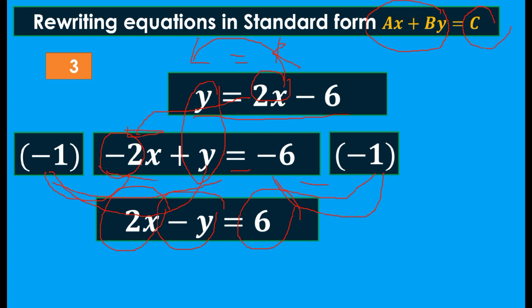Is it already in the standard form? Yes, because your 2x and your y are placed at the left of the equal sign, and your 6 is placed at the right of the equal sign. So, the standard form of y equals 2x minus 6 is now 2x minus y is equal to positive 6.